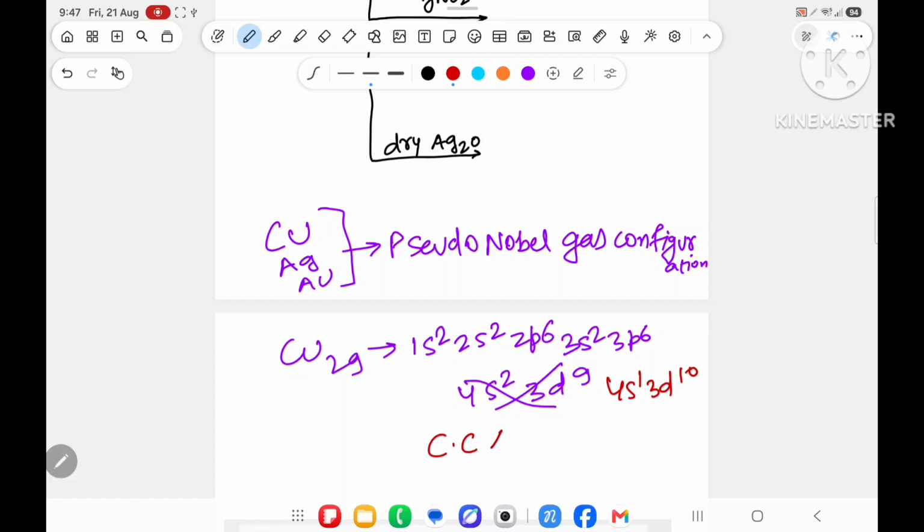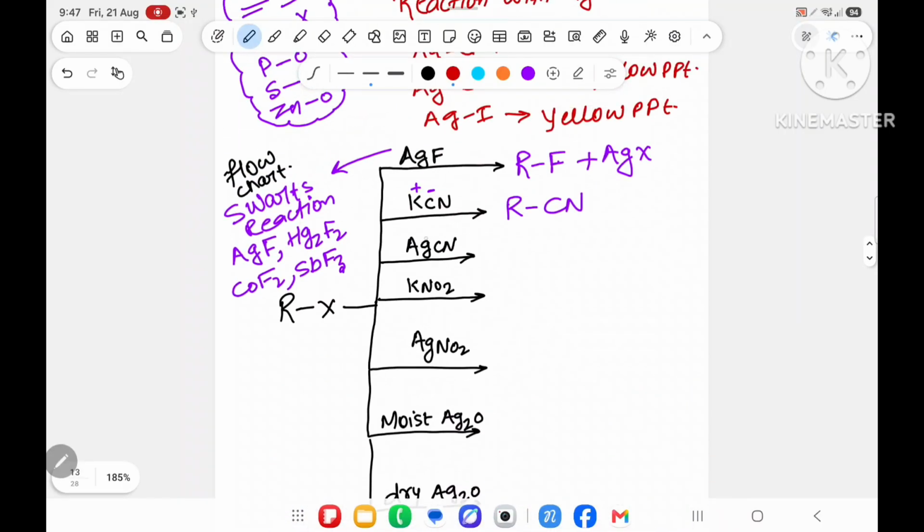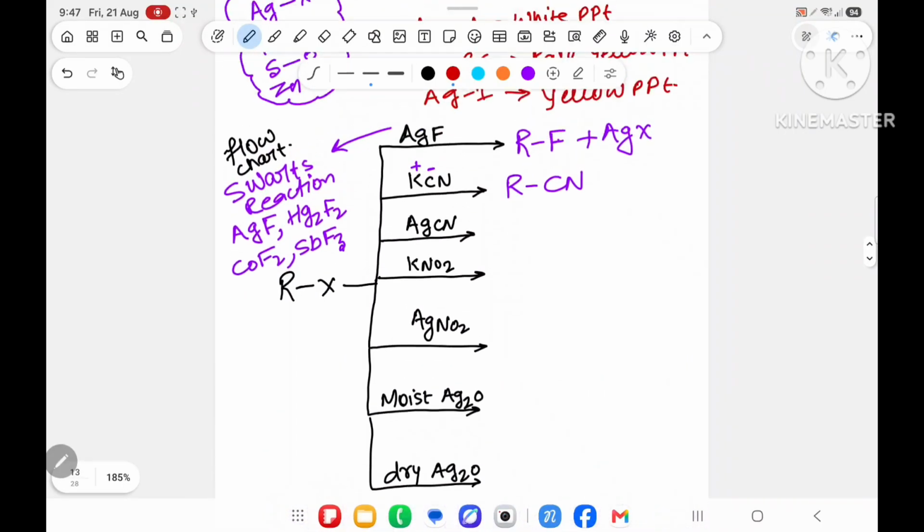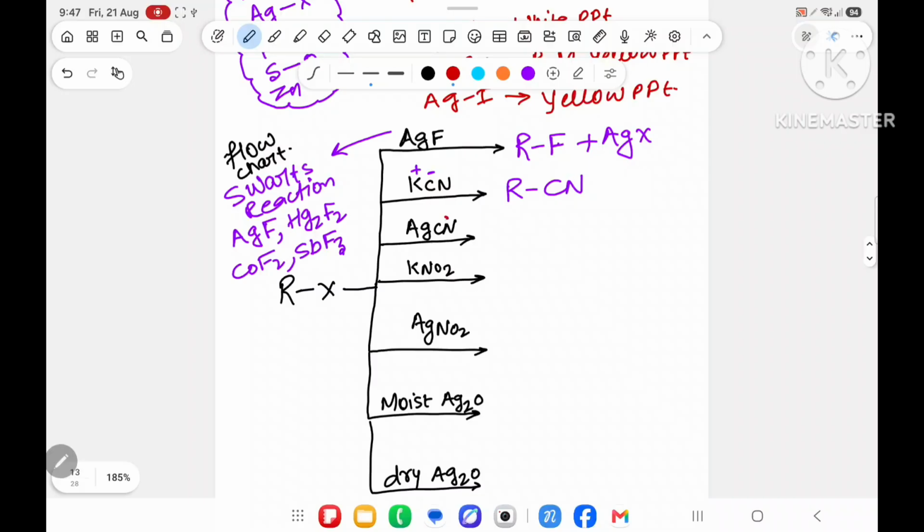Covalent character is directly proportional to pseudo noble gas configuration. The more the covalent character, the more covalent the bond. So Ag, copper and gold have covalent character, so it will not break like an ion. It will attack from the lone pair side of N, and it will form RNC.